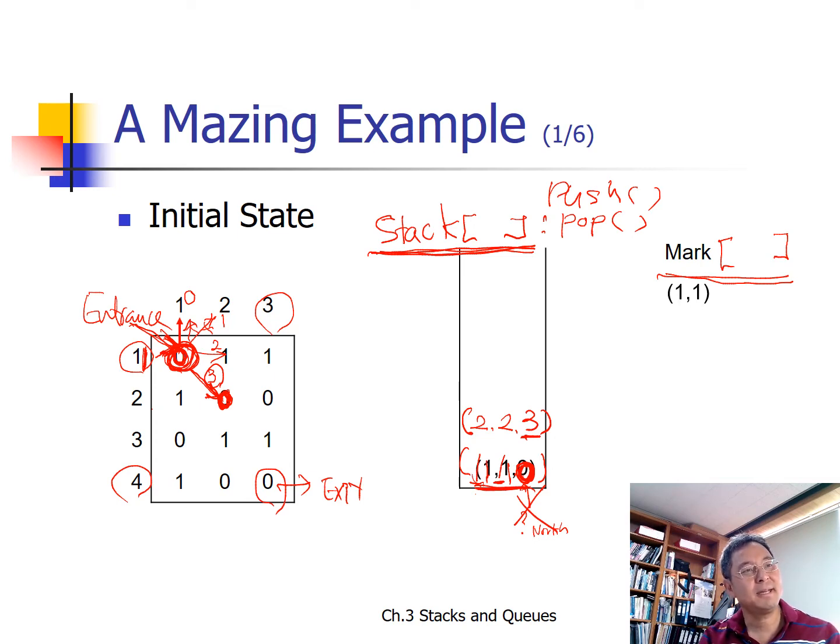That is stored in the stack data structure. This is a push. One push is used. The second push is used here to insert the past history.